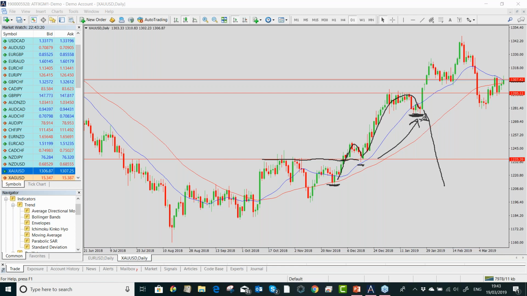Even though we're stopped out, it would still overall be a profitable trade because we've moved our stop loss up. And again, here we could potentially move our stop loss up again. So overall, we've had a really nice profitable trade with a high reward to risk potential just by trailing our stop loss up each time.